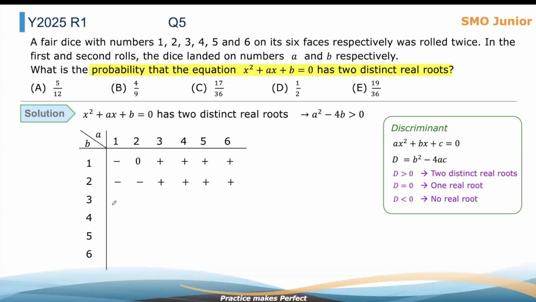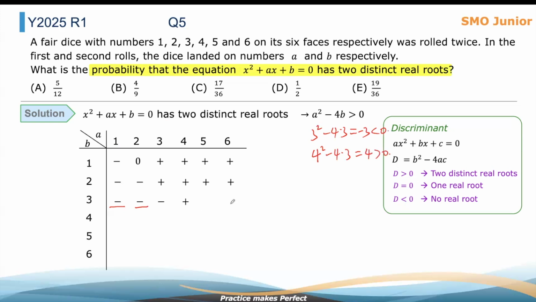For the third row, this one should be negative. For this one, a is 3 squared, b is 3. 9 minus 12 is minus 3, less than 0, negative. a is 4. 4 squared minus 4 times 3, 16 minus 12, 4, greater than 0, positive.